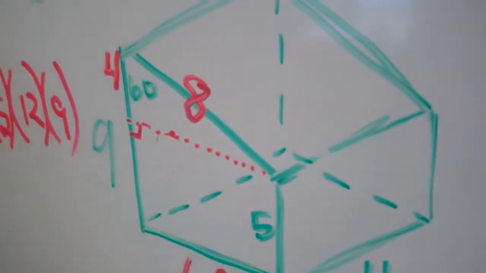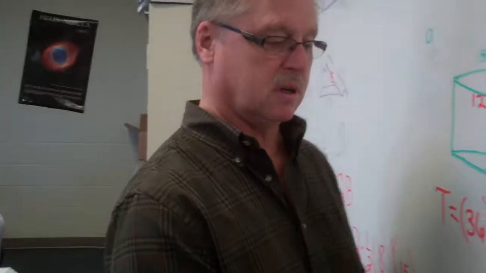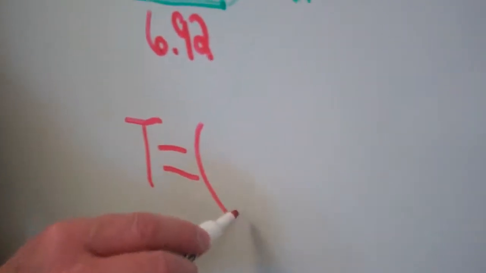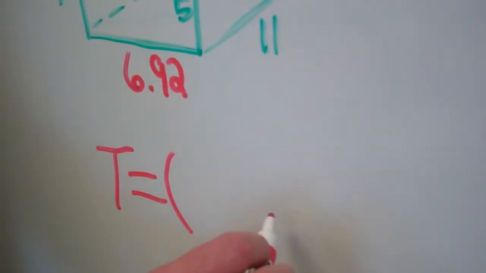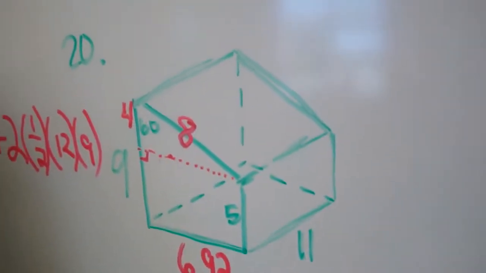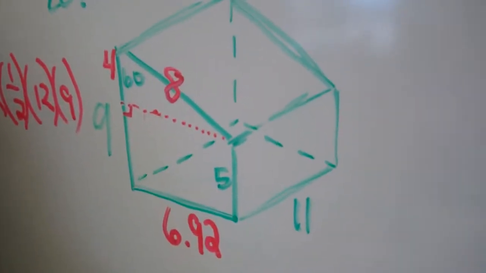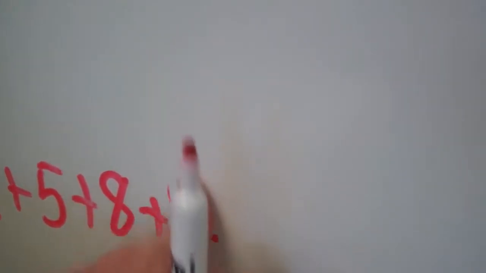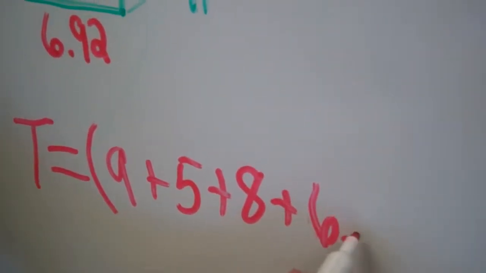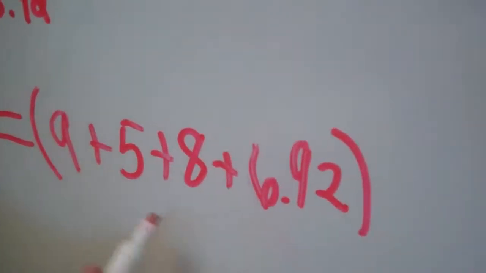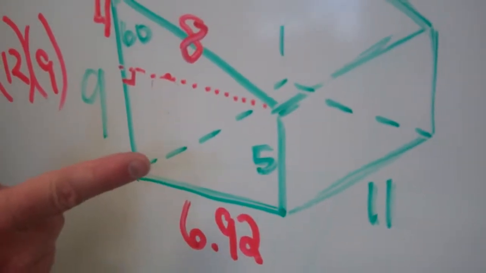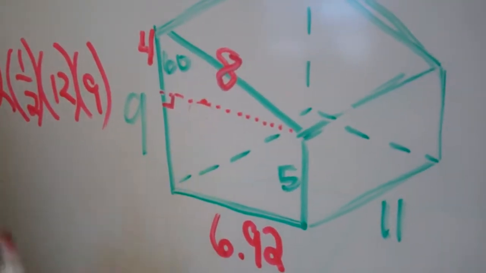It's confusing us. All right, the trapezoid is the thing we want the perimeter of, Morgan. So what's the perimeter of that trapezoid now? 28.92. Nice. What's the height of this prism? 11. Yes, it's 11 because the height is the distance between the bases.